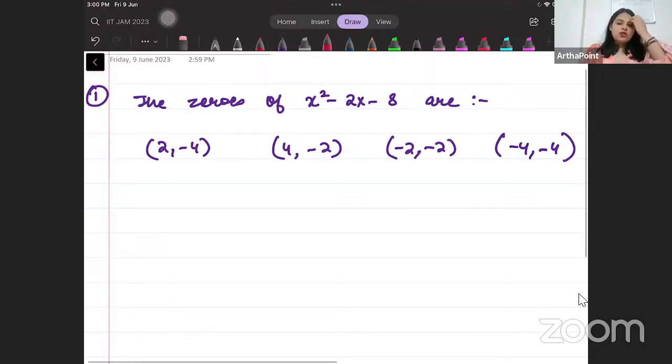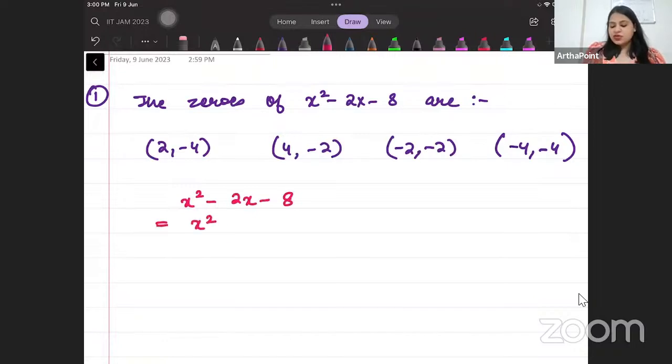So in order to solve this, what will you do? You will say x square minus 2x minus 8 can be rewritten as x square minus 4x plus 2x minus 8. This will be x(x minus 4) plus 2(x minus 4).